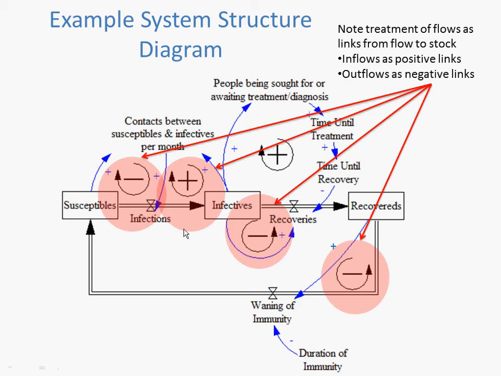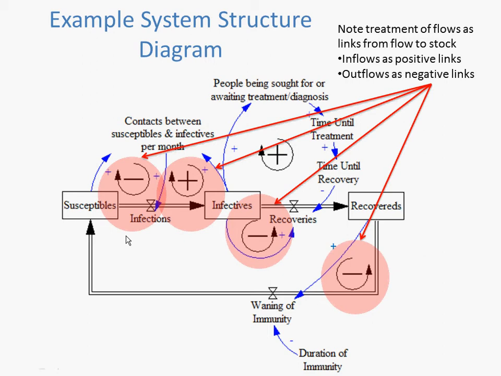Increasing infections will lower susceptibles, but not immediately. It drains them, so initially there's no difference in the number of susceptibles, and then gradually more difference, just like we saw earlier. So distinguishing stocks and flows helps us recognize the more textured nature, and put in more information than we could have packed into the causal loop diagram by itself.